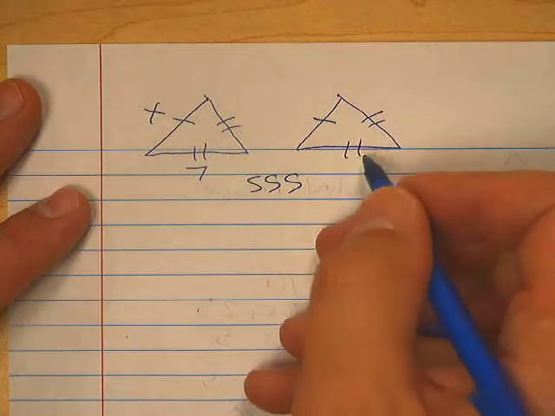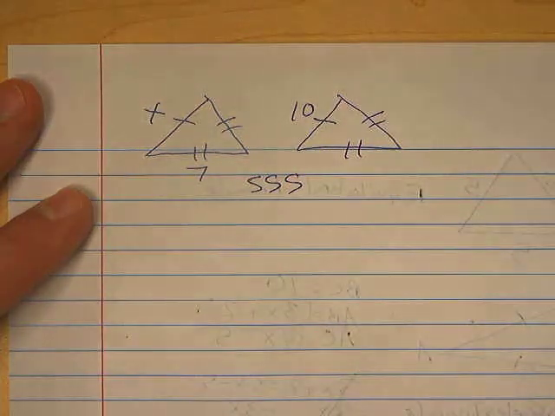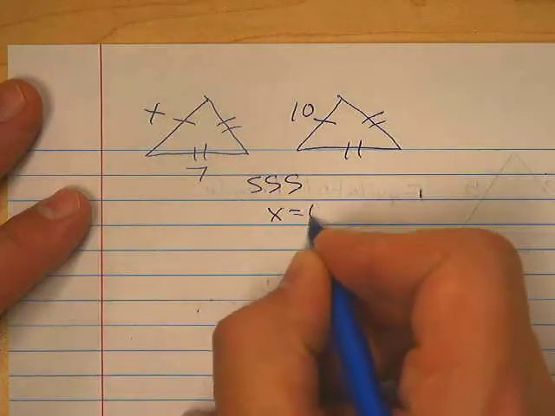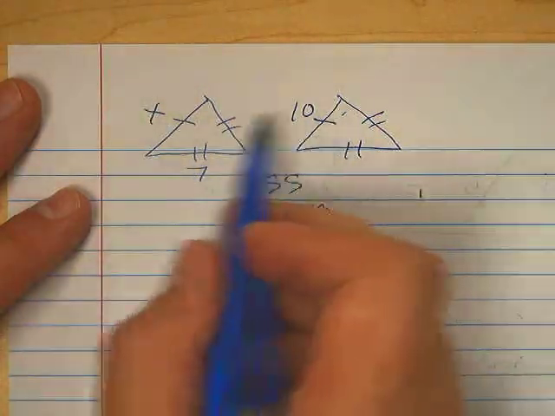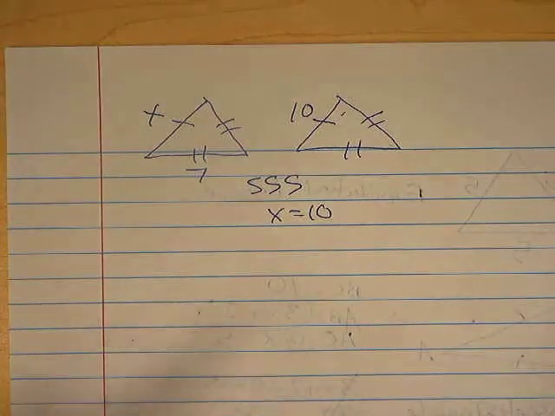And if I have this is X, and this is 7, and this is 10, what would X be equal to? Well, X has to equal 10 because these have the same marks.